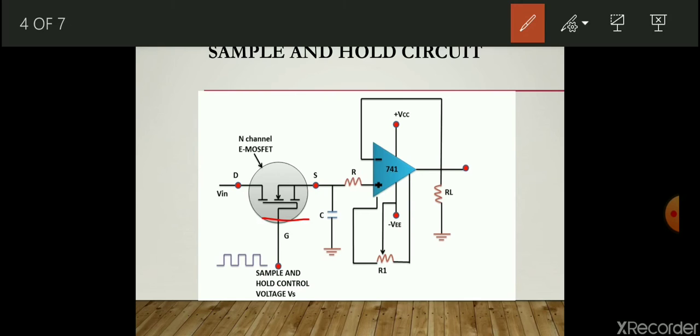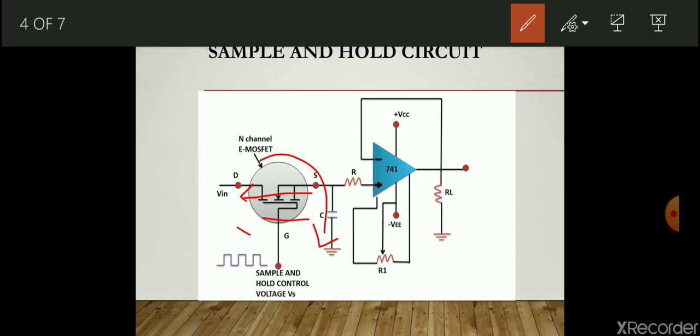When the control voltage is applied to the gate terminal of the MOSFET, the MOSFET turns on. That means when Vc is 1, the MOSFET turns on, due to which the capacitor is connected to the input voltage. So the capacitor charges to the instantaneous value of Vin.